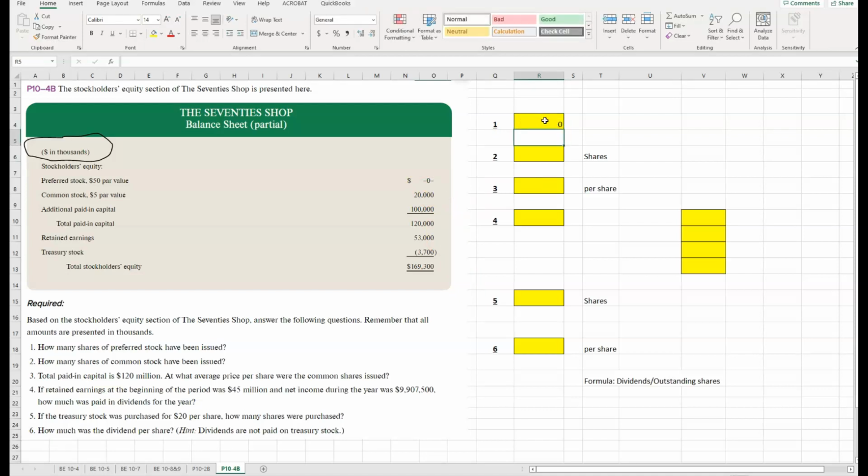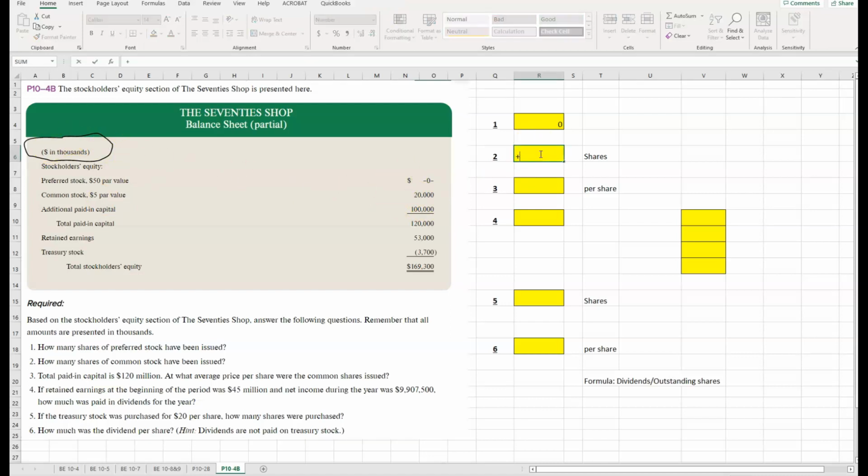How many shares of common stock have been issued? Well, there's 20,000 in here, and if it's $5 par value, we should be able to take the 20,000 and divide it by 5 and come up with it. However, this is in thousands, so we need to add 3 zeros.